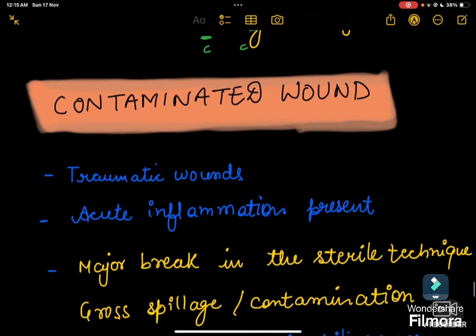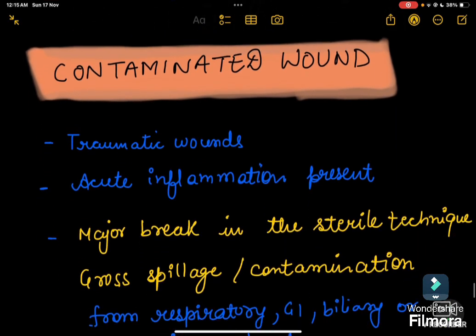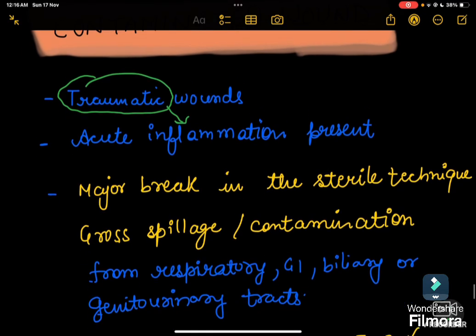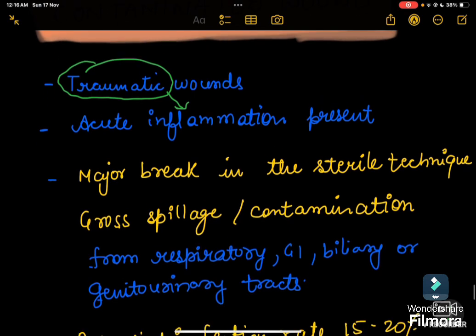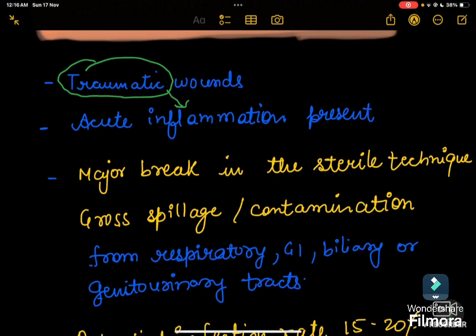Now contaminated wound. Contaminated wounds are the traumatic wounds, and hence inflammation will be present here. Since there is trauma, the inflammation triad will be present, that we have seen in the previous video. Major break in the sterile technique, since sterile technique is not complete and there is a major break in the sterile technique.